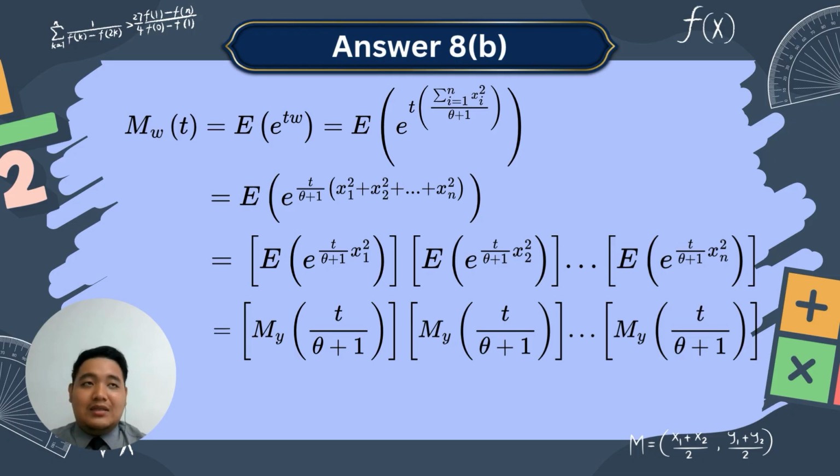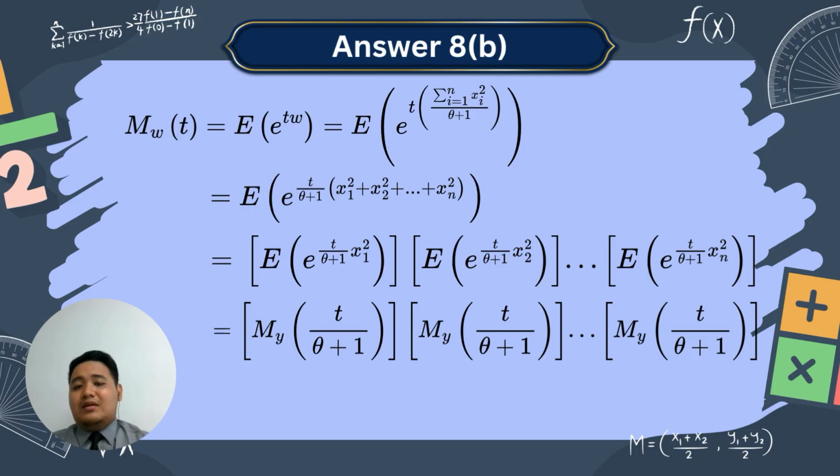But this is the other way around, where we have the summation in the powers, so we can divide them into different terms by multiplying all of the terms. So that's why I get the answer here, which is the expected of exponent to the power of t over theta plus 1 x1 squared and so on, just changing the x1 with another x.